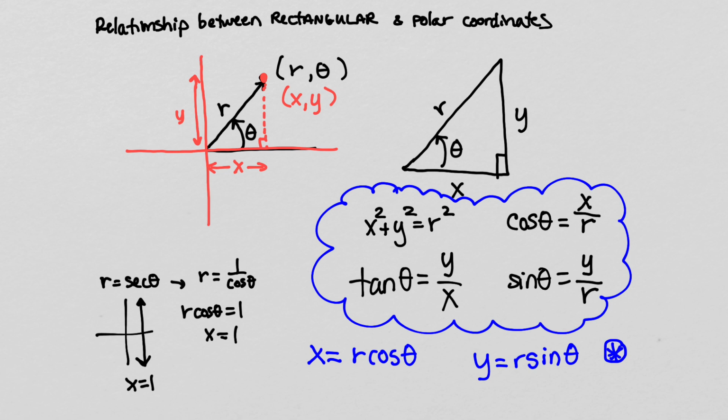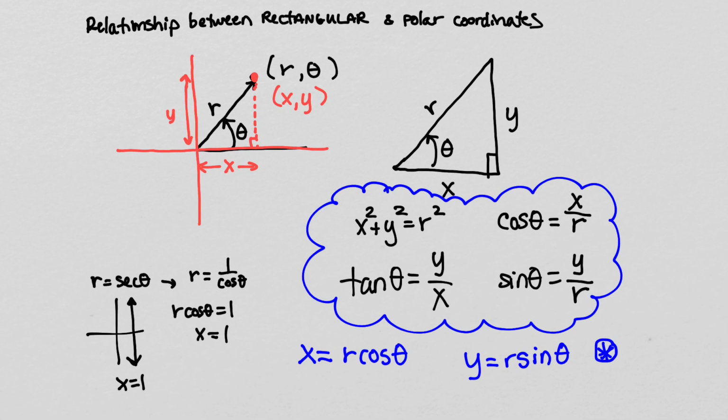You want to make sure this relationship is in your notes somewhere. If you're taking Calc 3, this is the basis for what are called cylindrical coordinates, and you're going to spend a lot of time going back and forth between cylindrical coordinates and x, y, z coordinates. It also helps you a little bit with spherical coordinates, but that's more based on spheres versus cylinders.